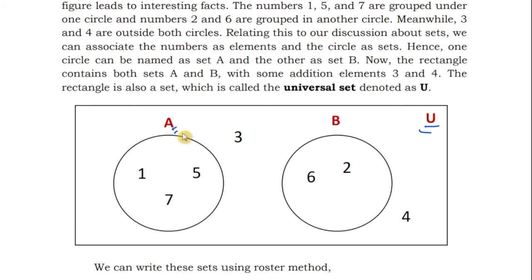In this figure, it was named set A, then the other one is set B. So if we're going to analyze the Venn diagram that we have, set U has all the elements that can be found on the big rectangle, all those numbers 1, 2, 3, 4, 5, 6, 7.